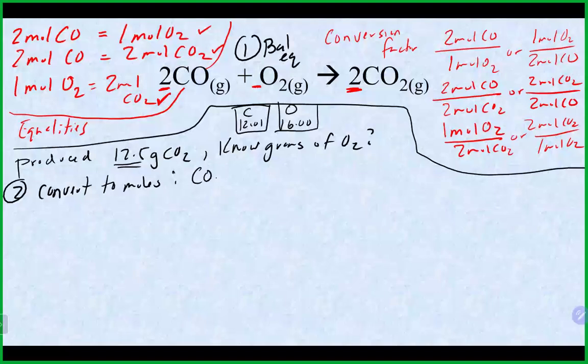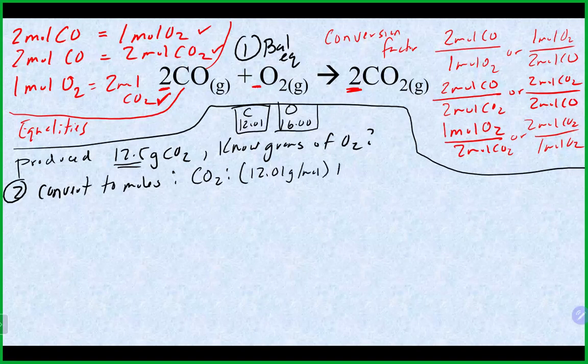There's 1 carbon at 12.01 and 2 oxygens at 16. That is going to get us 44.01 grams per mole as the molar mass of CO2. We're going to use that as a conversion factor here.